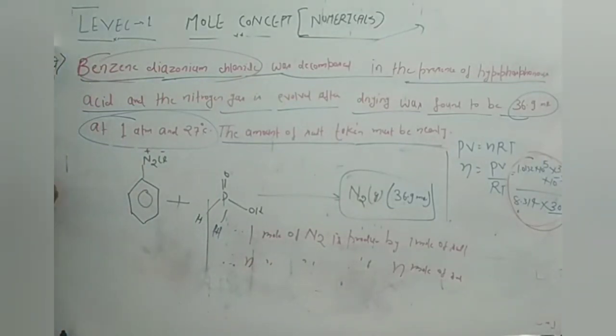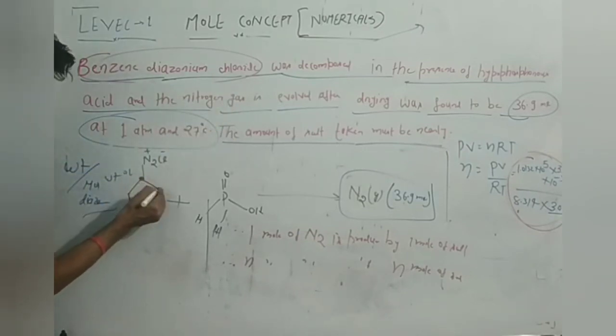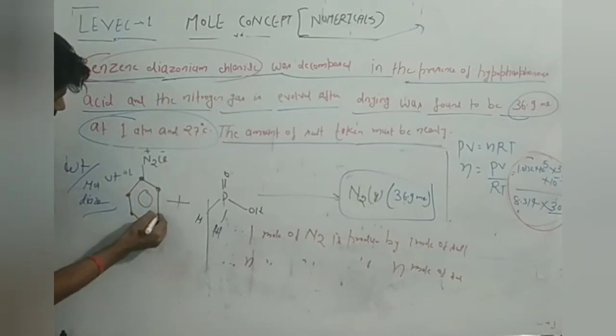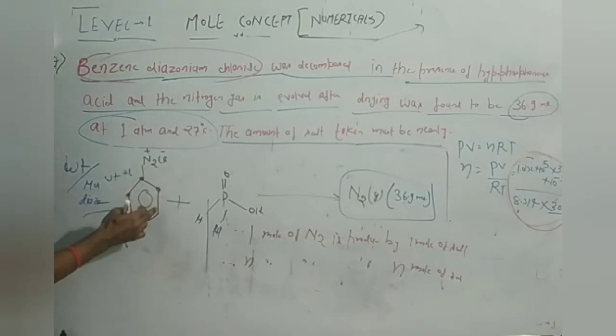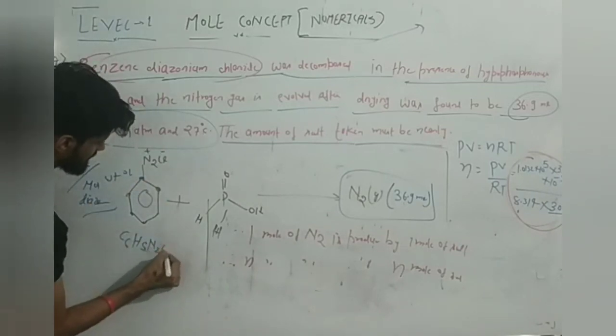So after calculating the number of moles, you can write number of moles is equal to weight upon molecular weight of diazonium salt. If you see the formula of the diazonium salt, there are 6 carbons, so C6, hydrogen H5, nitrogen is 2, Cl minus.